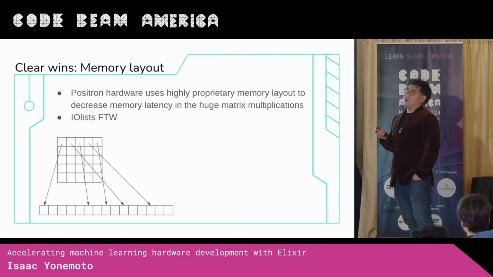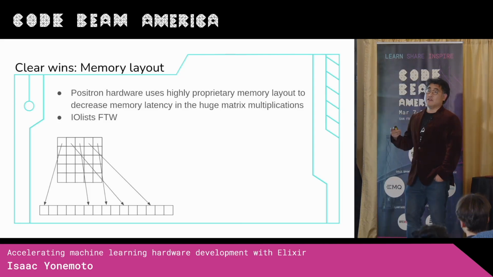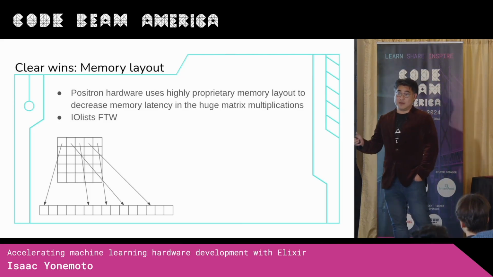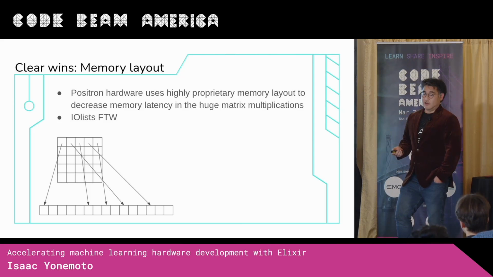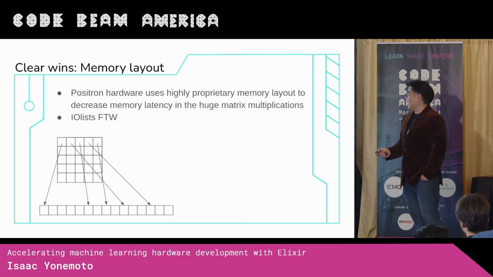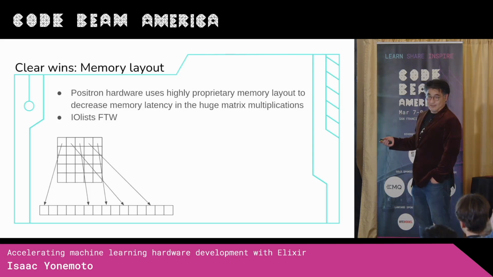In order to get extremely high throughput memory usage of piping these giant matrices to the machinery that's going to do the matrix multiplication, we needed to scramble the memory layout into a highly optimized form. This is not representative, but it kind of gives you an idea of what sort of things might happen.